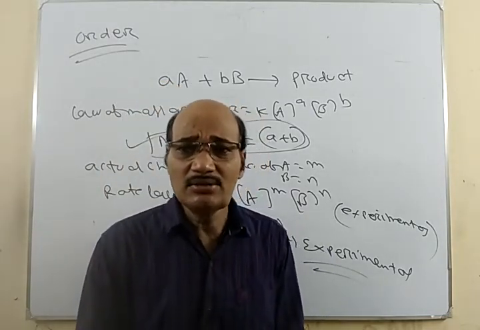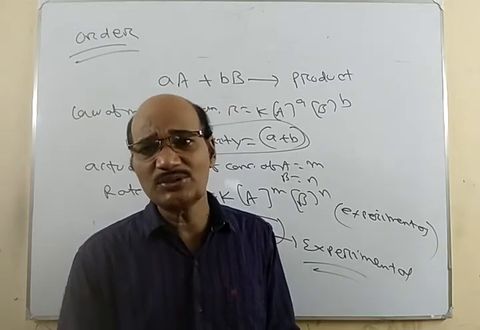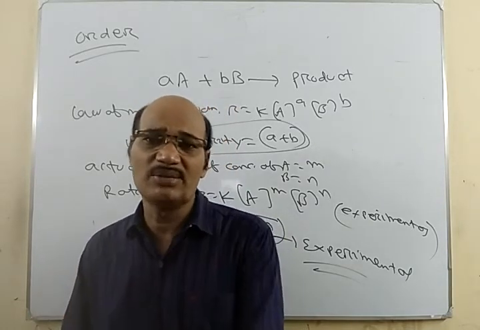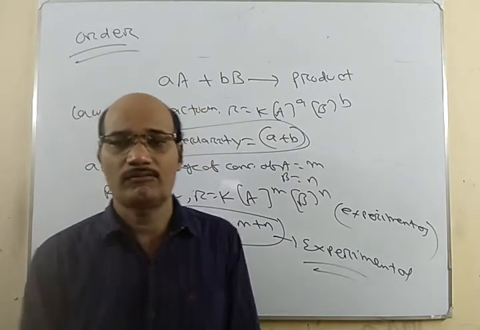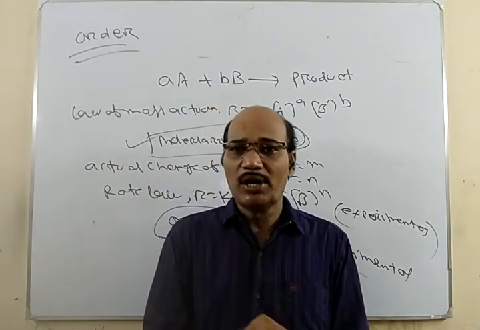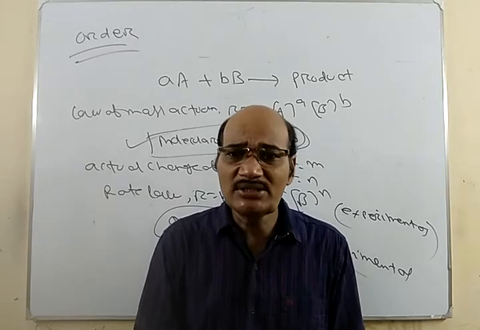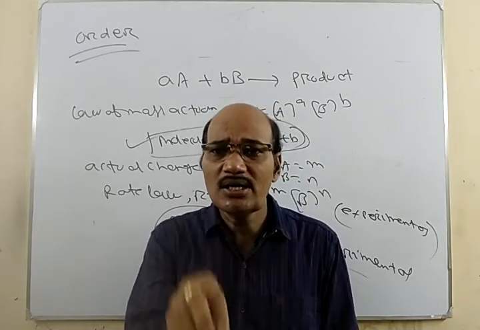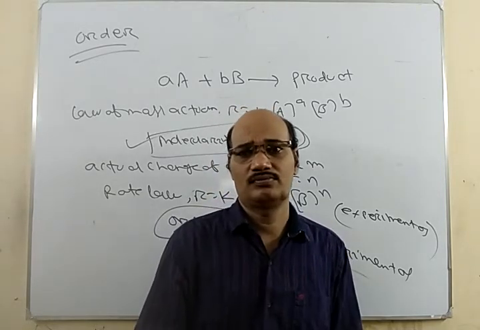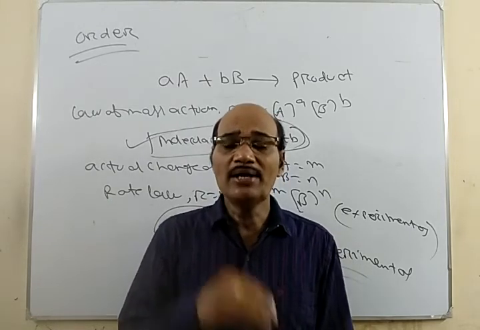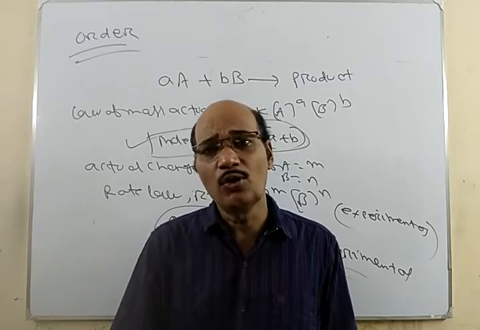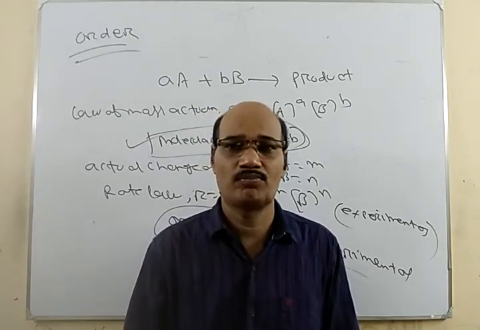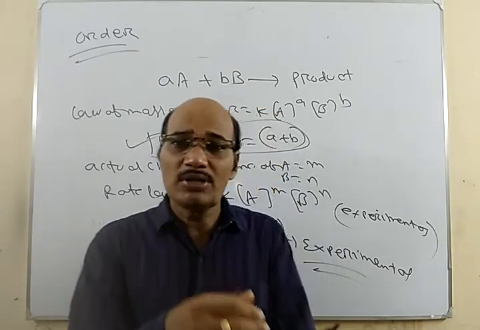Molecularity of a reaction is always a whole number, it never becomes 0, and order of a reaction can be a whole number, can be 0, and even it can be a fraction. The molecularity we are always determining for a single step reaction. For multi-step reactions, we determine the molecularity for each step.